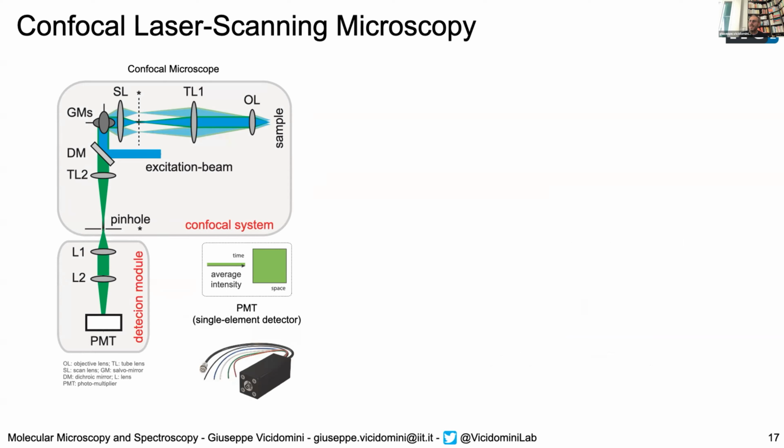This ability is given by the fact that in front of the detector, in the image plane of the microscope, is located a pinhole, a hole that is able to reject all the out of focus light coming from your sample.